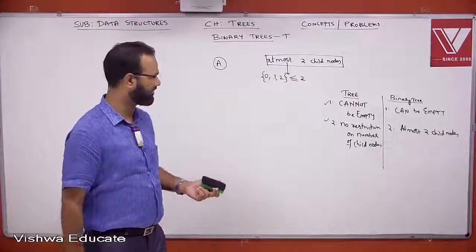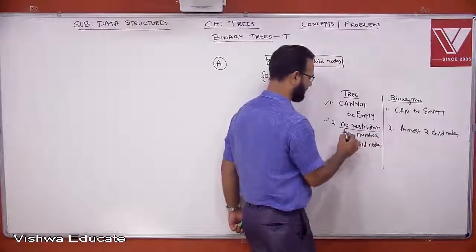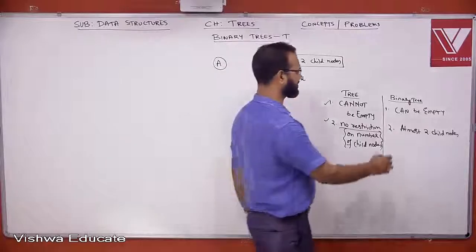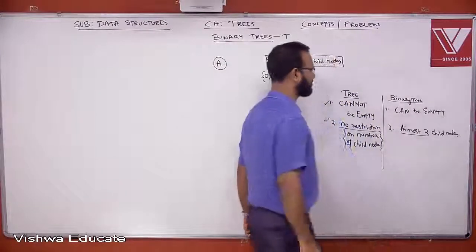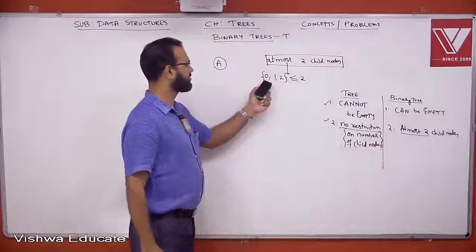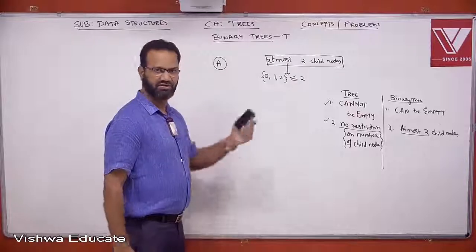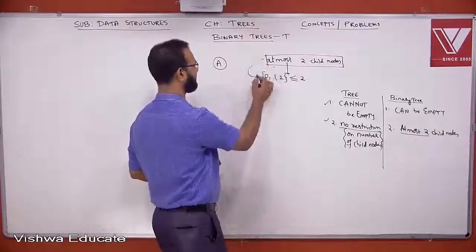So there is no restriction as such on the number of nodes it should contain. Whereas here there is a restriction in the definition itself. It says that it should be at most 2 child nodes, which means it should be either 0 or 1 or 2. You can make a note of these differences, and this is what at most means over here.